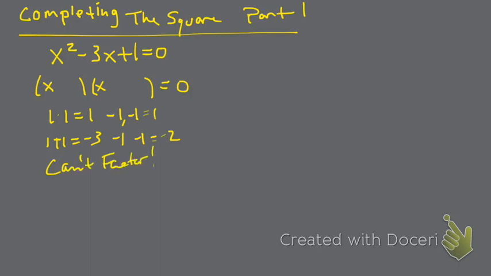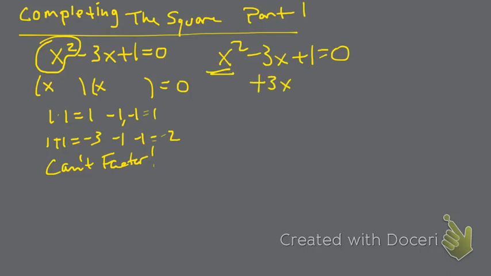Okay, well, we also learned how to solve by taking square roots. Do you remember the first step of solving using square roots is you need to isolate the squared term, which is just that guy. If we did that, we'd have x squared minus 3x plus 1 equal to 0, and if we isolate that squared term, we'd have to add 3x to both sides, and while we're at it, we would also need to subtract 1, right?